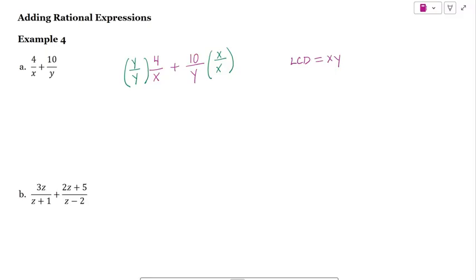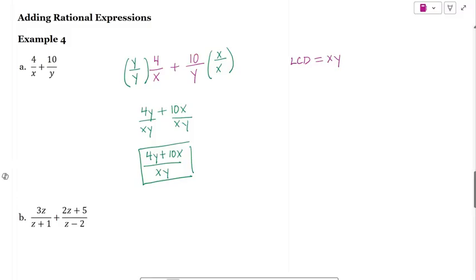That's also a form of 1, so I'm not changing the fraction, I'm just modifying it so that now both of my denominators are going to match. This is going to now become 4y plus 10x. And both of their denominators are x times y. And since they match, I can combine the numerators and have a single fraction with the same denominator.